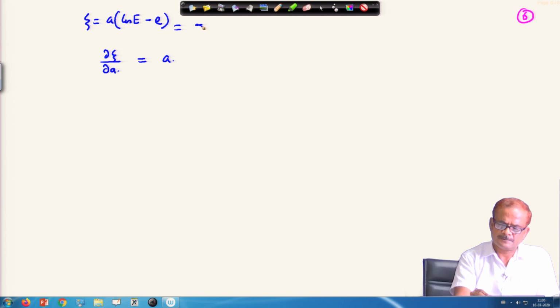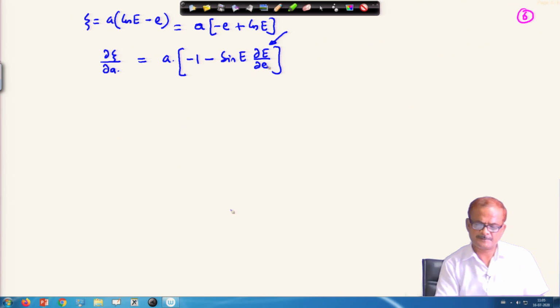So we look for ∂ξ/∂a. Because ξ is a(cos E − e), once we differentiate this, we can write it as per a times, and this is the quantity we already worked out on the last page.